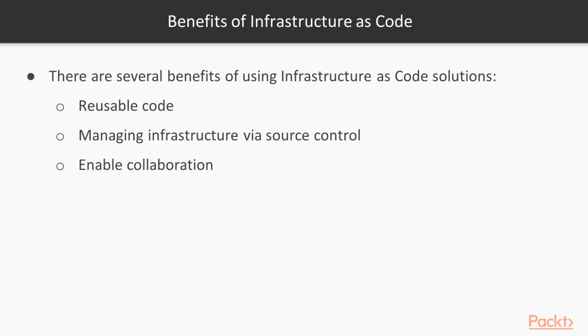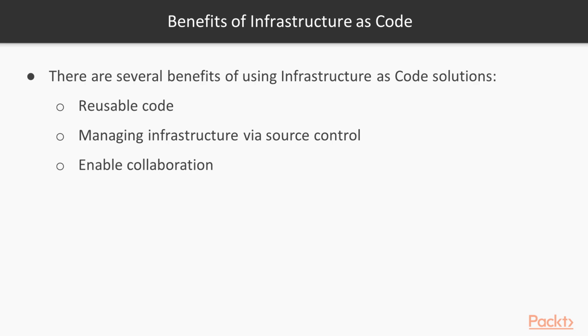So there are a few advantages, or I would say benefits, of infrastructure as code. One is reusable code. Reusable code, as in if I write code which would develop this kind of an environment, I can reuse that entire code to develop a similar environment in staging and a similar environment in production. So that is what is referred to as reusable code. Second is managing infrastructure via source control.